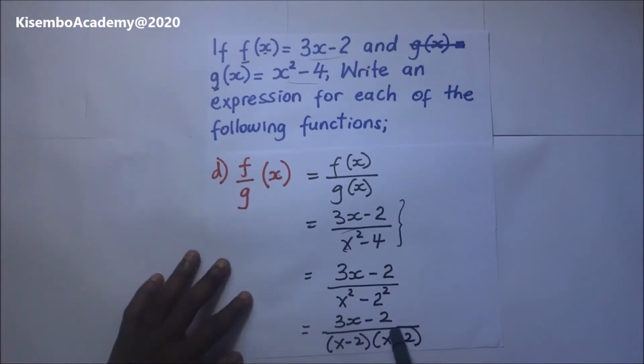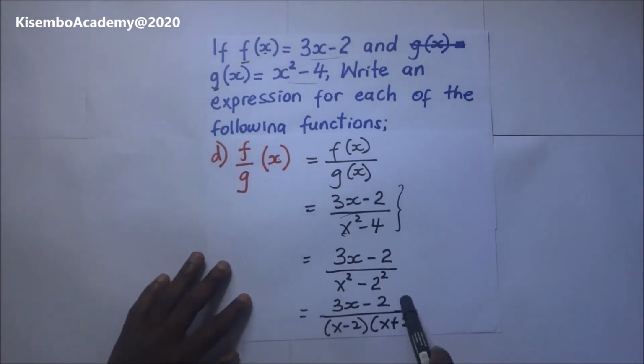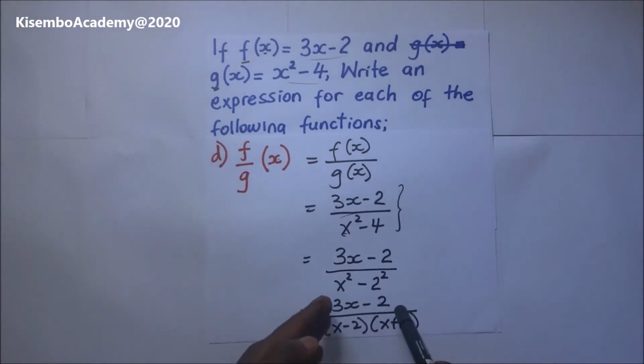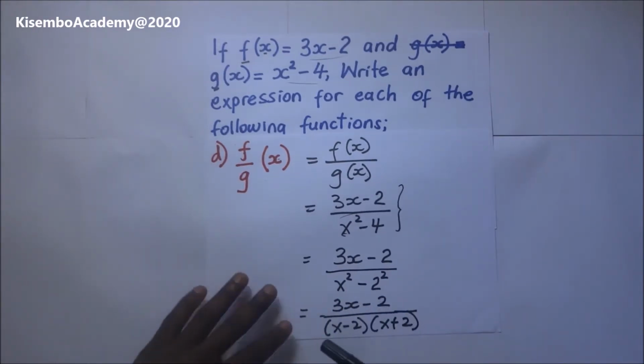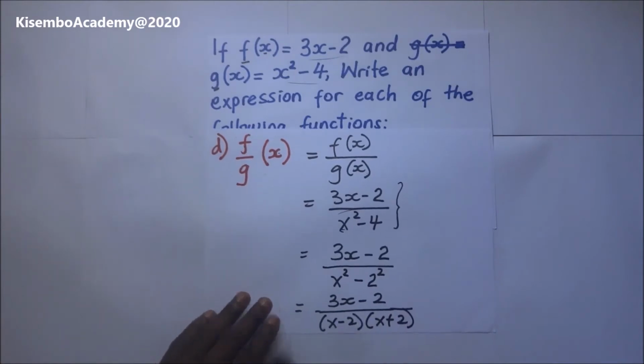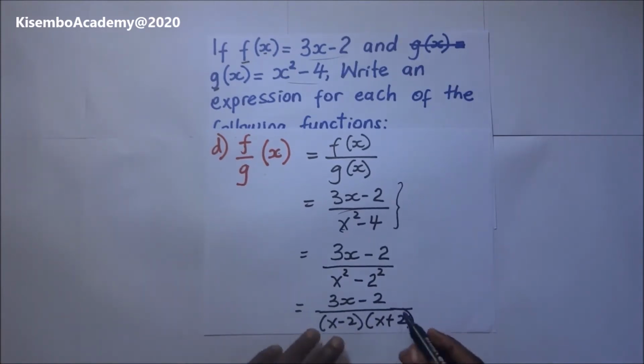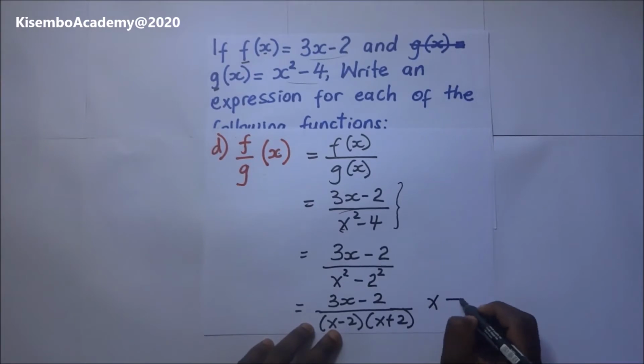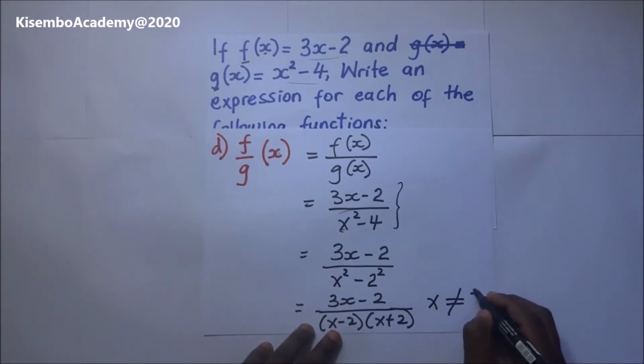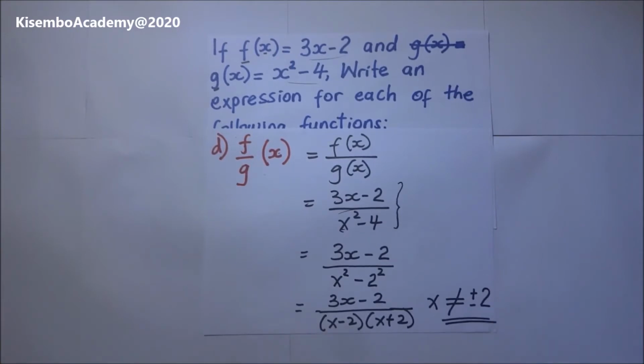So it's going to make the entire denominator 0, and this quotient function would be undefined. So the condition here, therefore, we shall write and say that the value of x in this case is not supposed to be equal to plus or minus 2. That's the condition for this quotient function to stand.